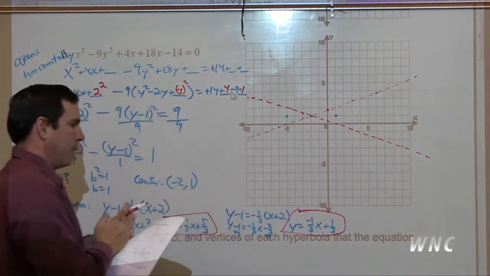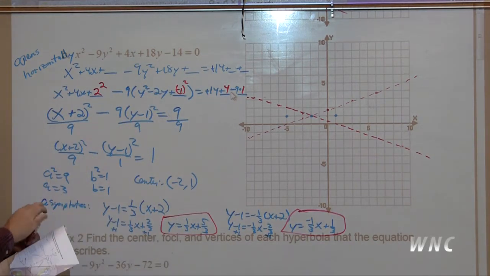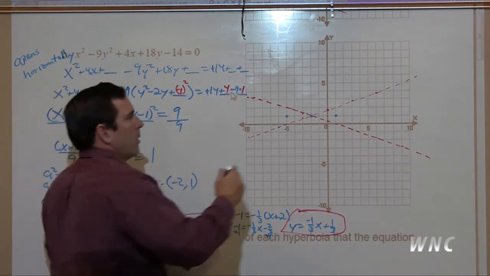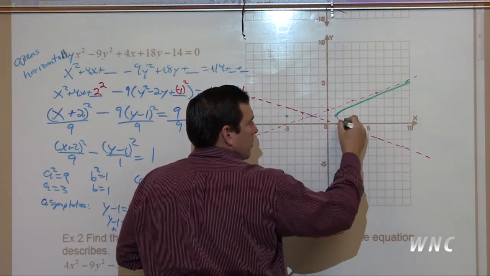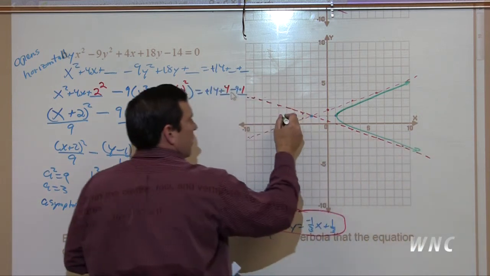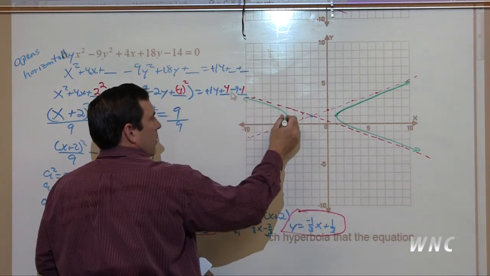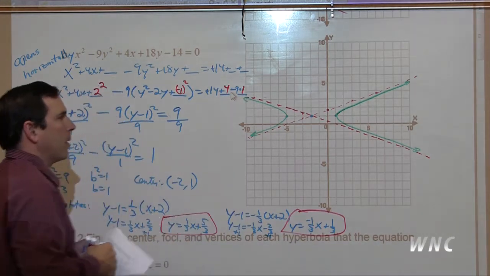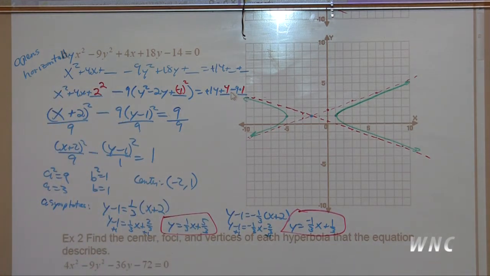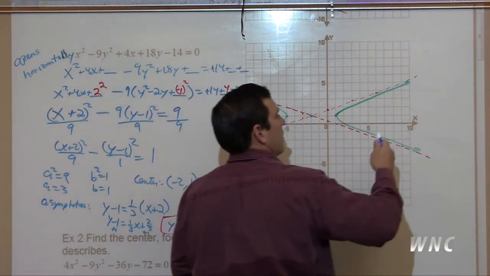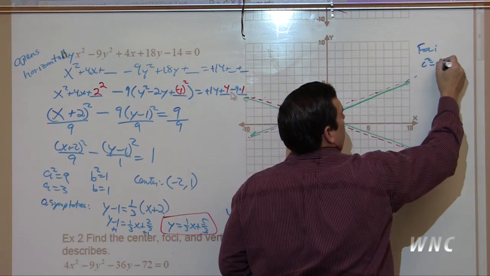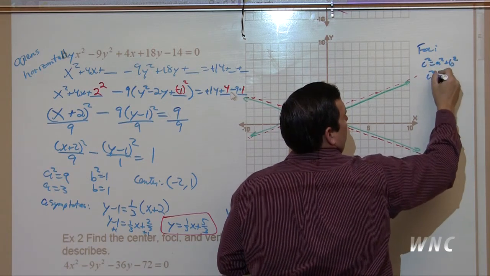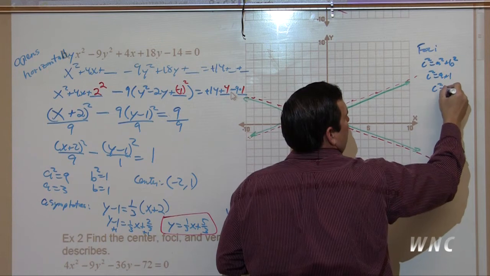Okay. We'll graph this now. The curve is going to go through the vertex and follow the asymptotes. And we want to find the foci. C squared is a squared plus b squared, so c squared is 9 plus 1, c squared is 10.